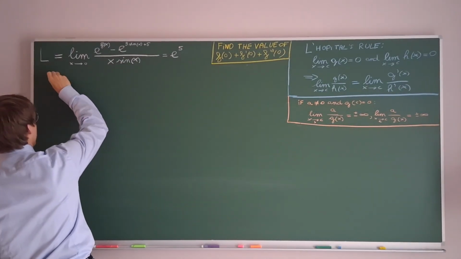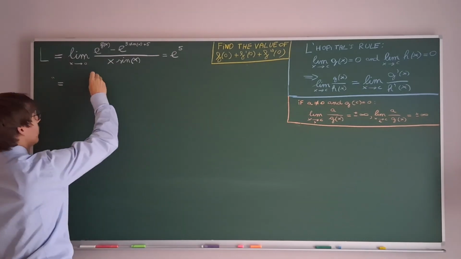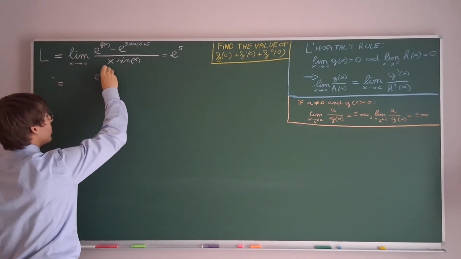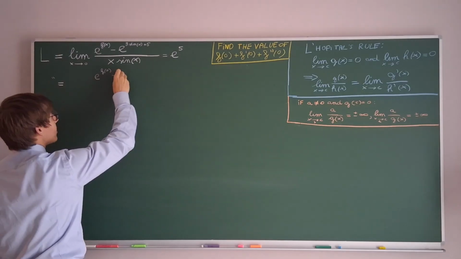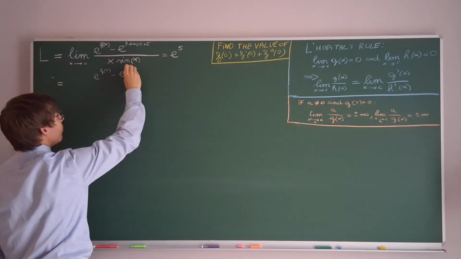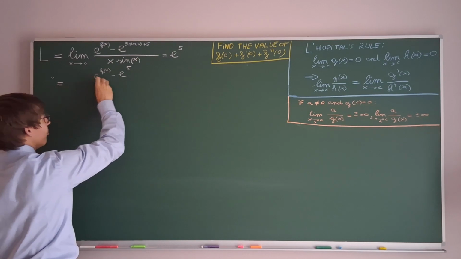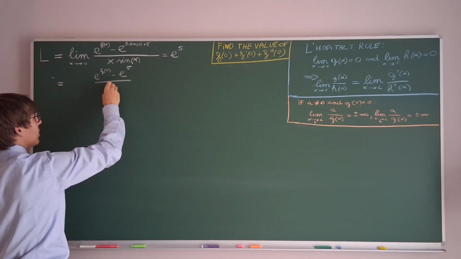So this is equal to e to the f of 0 minus e to the fifth, since sine of x is 0, divided by 0.